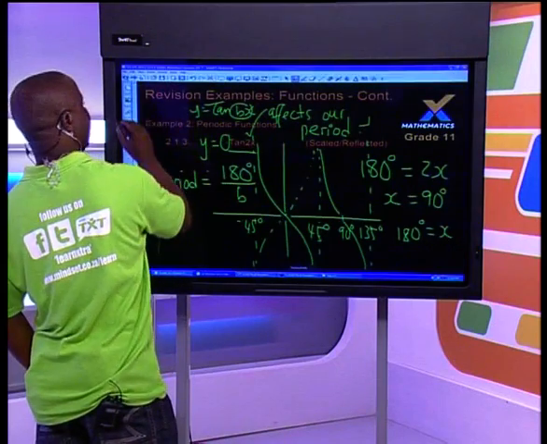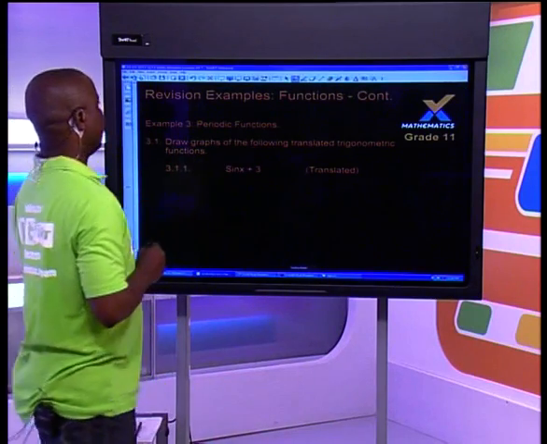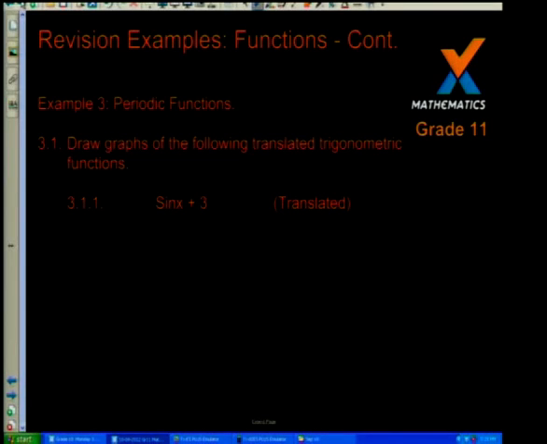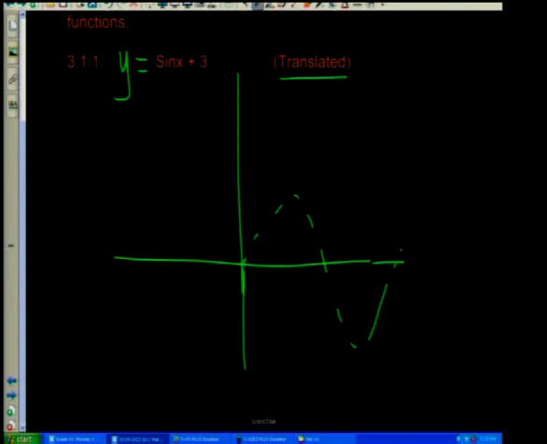If we move on to the next one, we take one more. Let's take the third example on trigonometric functions. And this time round, we're going to look at translation, vertical translation. All right. So if your function is y equals sine x plus 3, all it means is that your original function, which was like that, has been shifted.